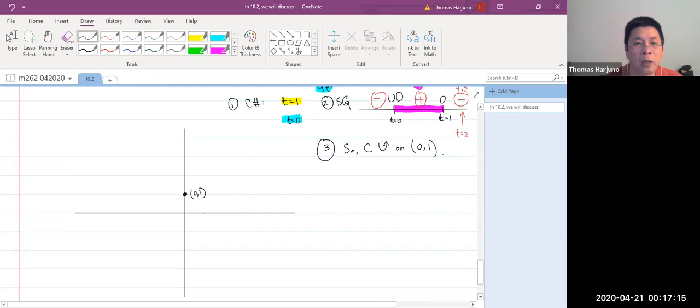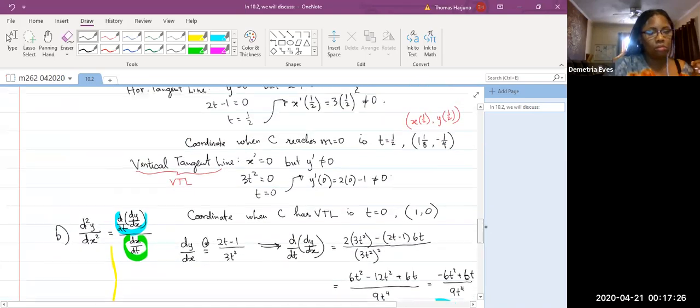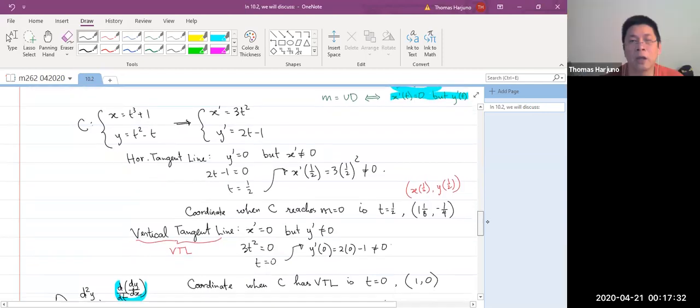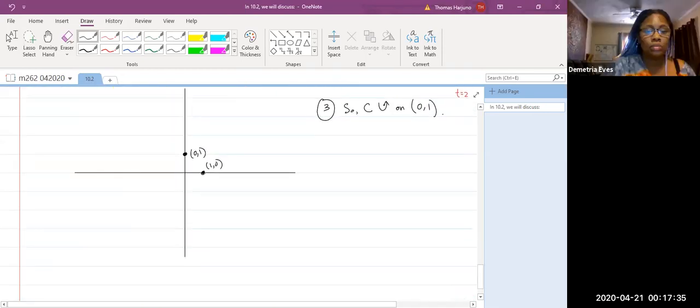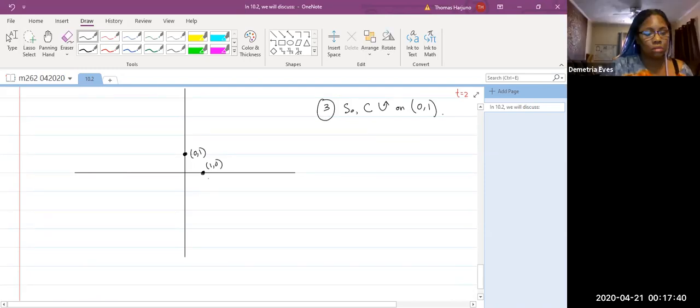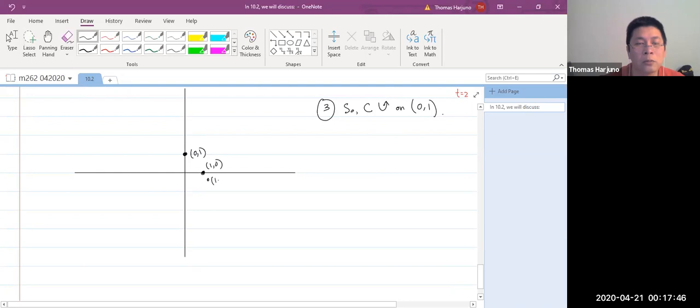That's the vertical tangent line. That's 1, 0. Then 9/8 over 9/8, negative 1/4. So a bit more than 1, negative 1/4, approximately here. 1.125, negative 0.25. I think we only have those, huh?